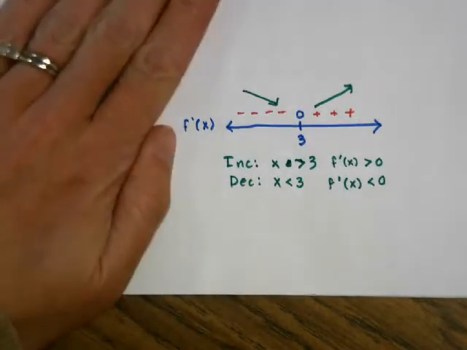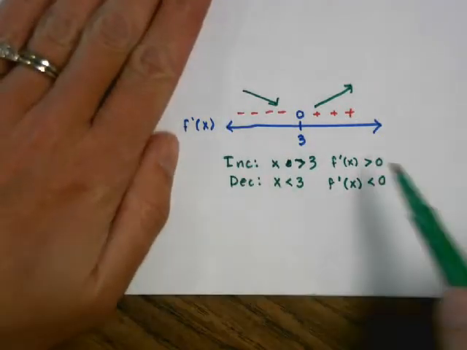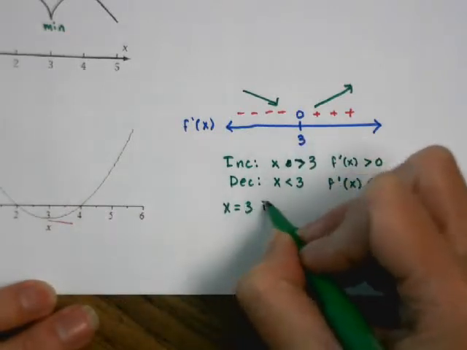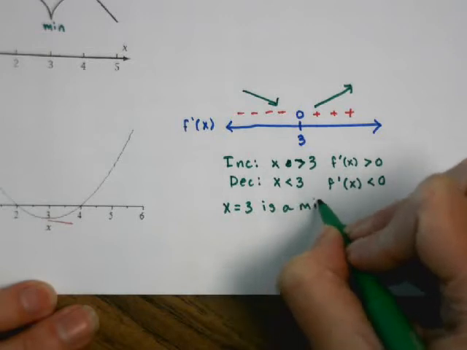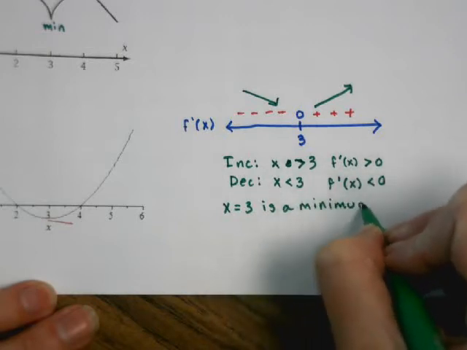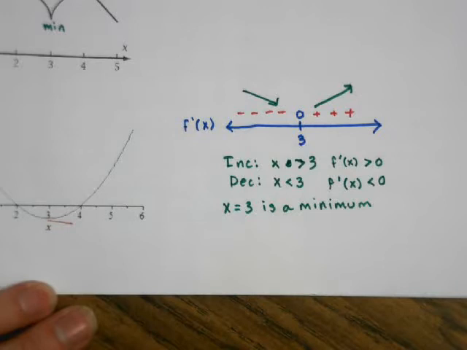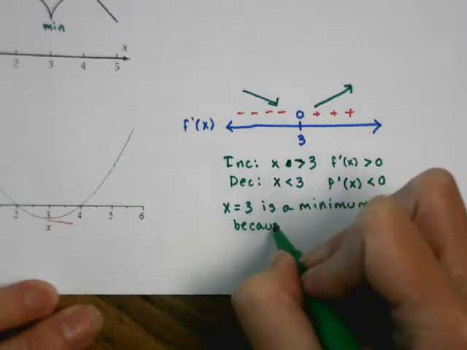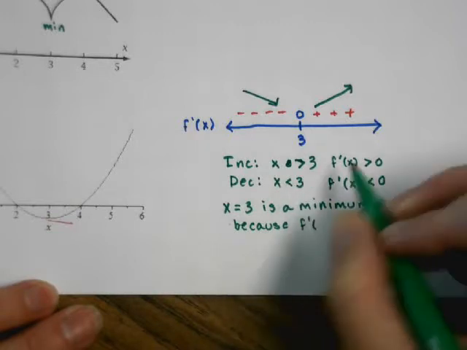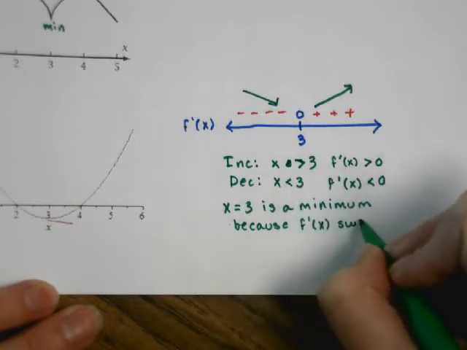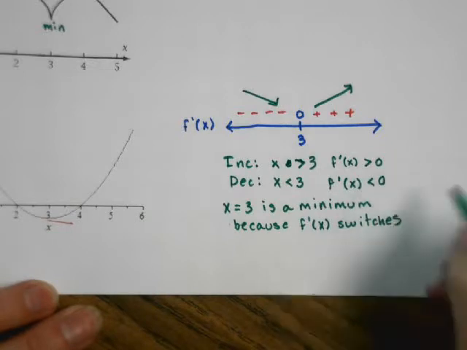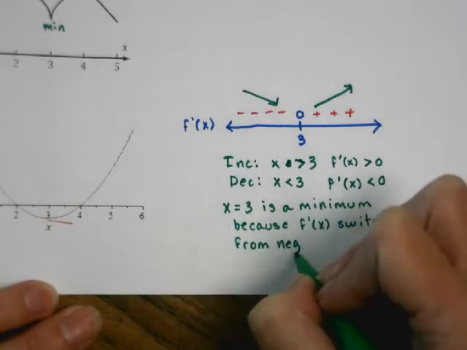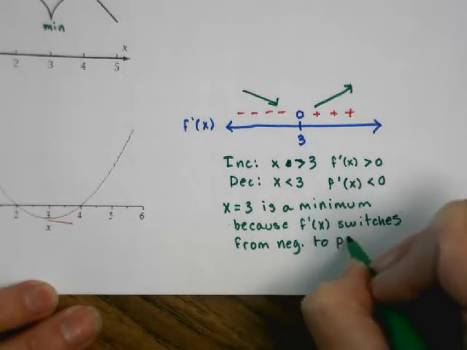The other thing we can tell, again, we can tell all of this just from this number line, is that 3 is a minimum, and our justification would be because f prime of x switches from negative to positive.